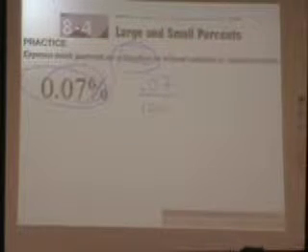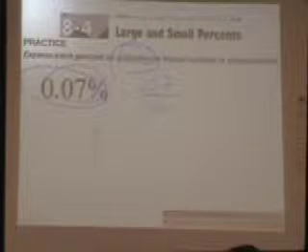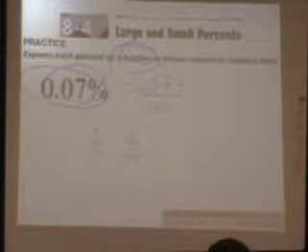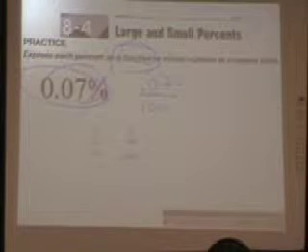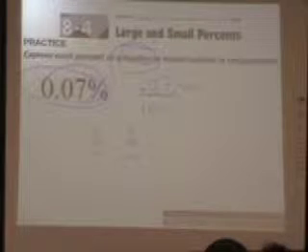Now, can we leave 0.07 in a fraction like this? No, it's got to be a whole number like 2 over 10 or 3 over 100. Okay? So, what can we multiply the top by to make it a whole number? 100. If we multiply the top by 100, it moves the decimal 2 places to the right. But now we got to multiply the bottom by 100. So what's it going to equal?